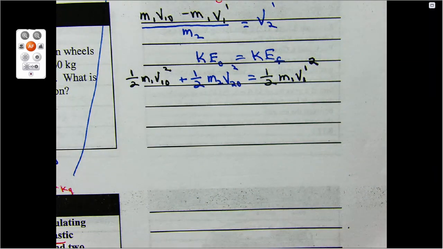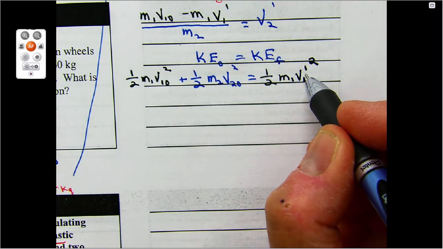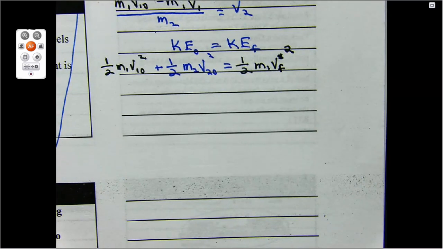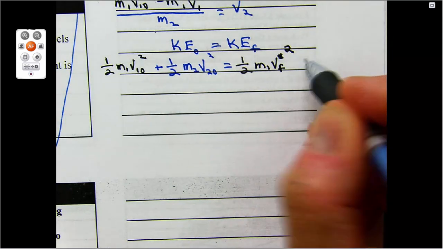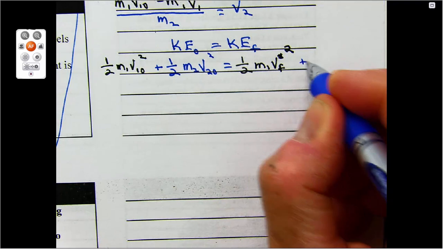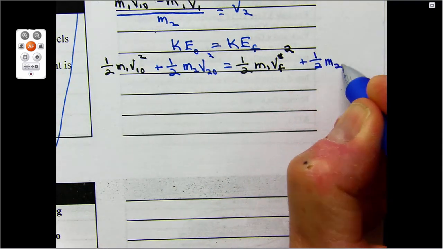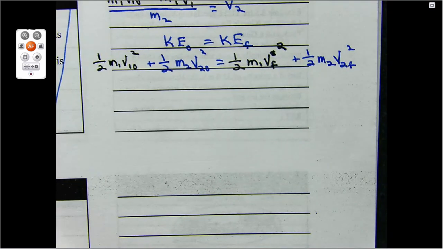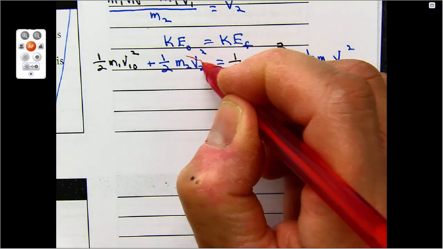Oh, we're using finals for these. I'm sorry, we're not using primes, we're using finals. Plus 1/2 M2 V2 final squared. And what do we know is 0 for this? We know that this right here is 0.